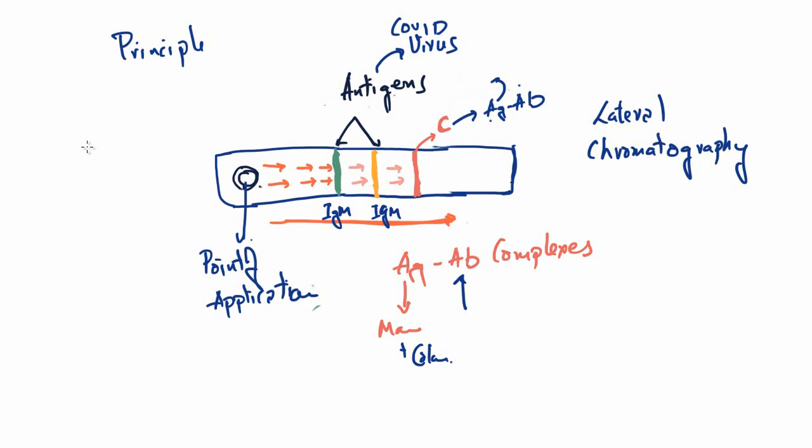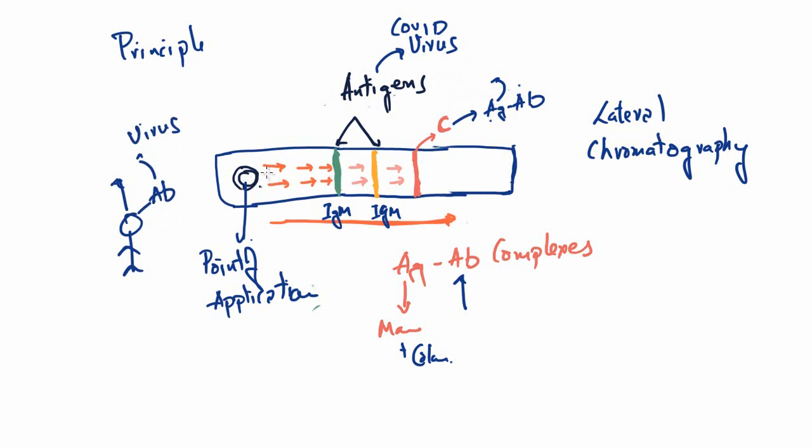So what exactly is happening? We have a point of application here, and upon the point of application, say this patient is infected with COVID-19, so he is bound to have antibodies to the virus. So what antibodies does he produce? That we'll see upon testing.